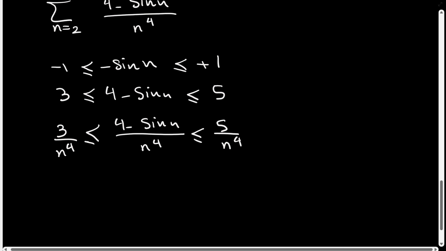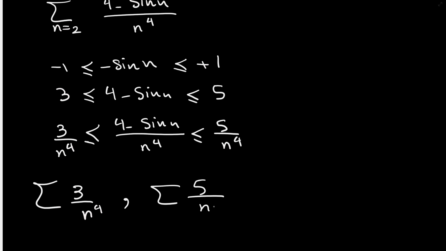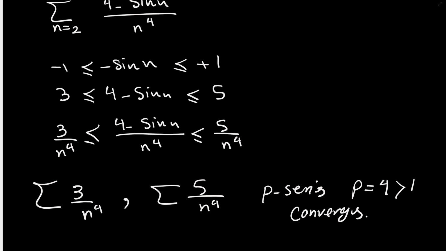Now when we look at the series 3 over n to power 4 and 5 over n to power 4, both of these are p series, and here p equals 4, which is greater than 1, and we know these two series converge. So which one do I need to choose and compare with the given one? 3 over n to power 4 or 5 over n to power 4?